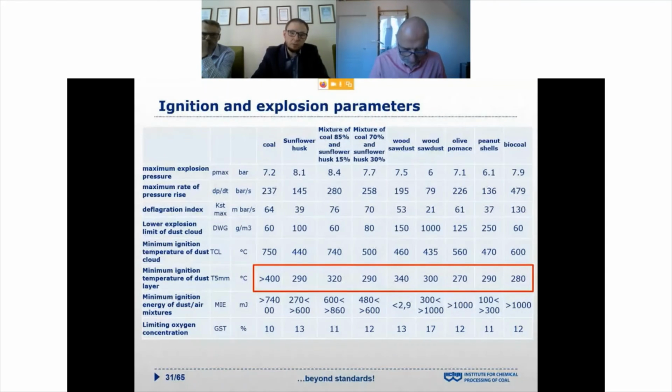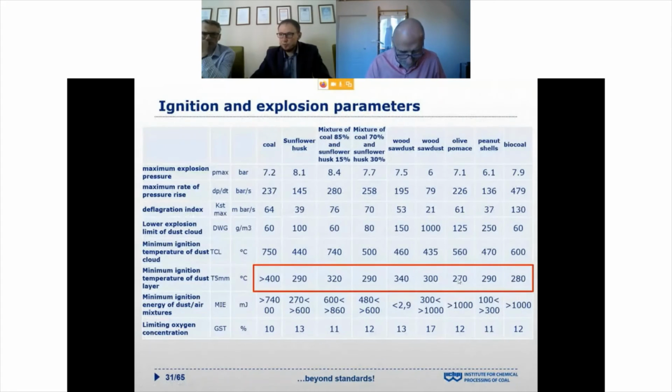And after that, if we compare such knowledge and experience with the explosion parameters, especially if we focus on the minimum ignition temperature of a dust layer, we can notice very clearly that in the case of biomass, the minimum ignition temperature is even lower than 300 degrees Celsius. Compared to coal, it is more than 400, but for, let's say, olive pomace, it can be even 270 degrees Celsius.